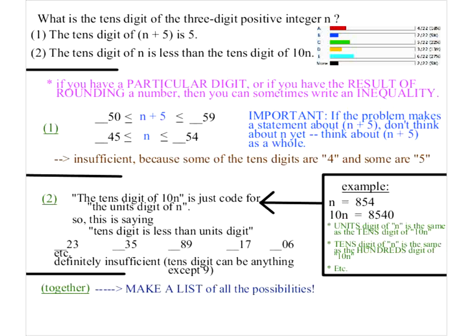Those are the only possibilities. So all you do is just list them and then kill the ones that don't satisfy statement 2. Or better yet, just think of it as keep the ones that satisfy statement 2. Kill the ones that don't satisfy it. Keep the ones that do.